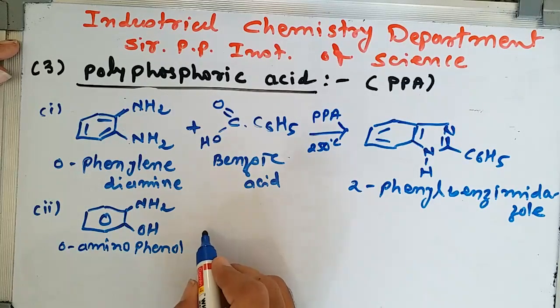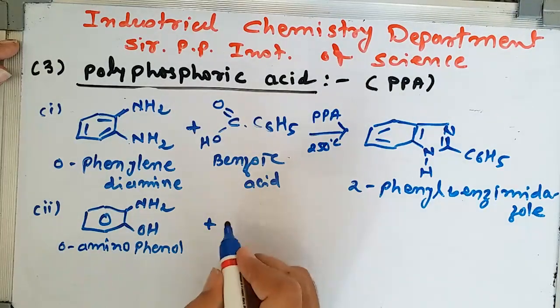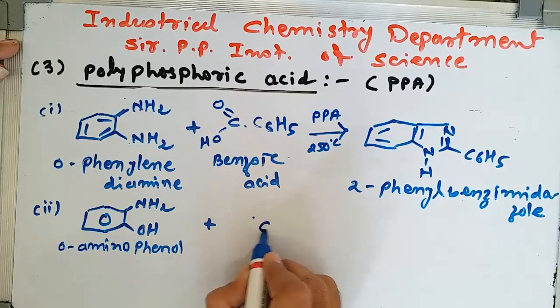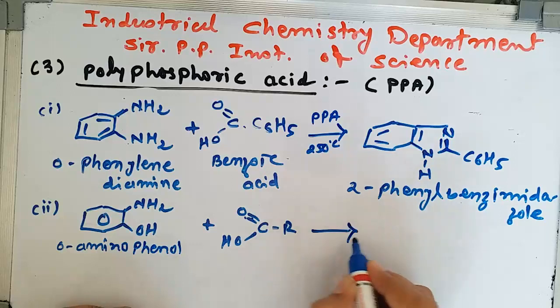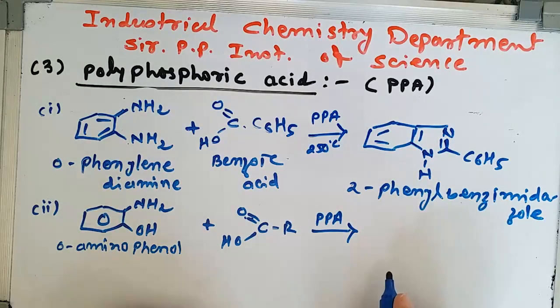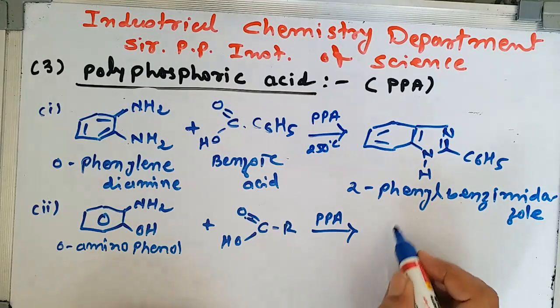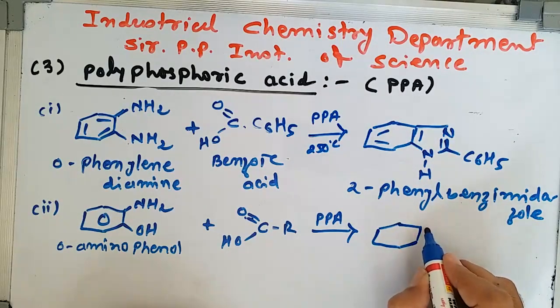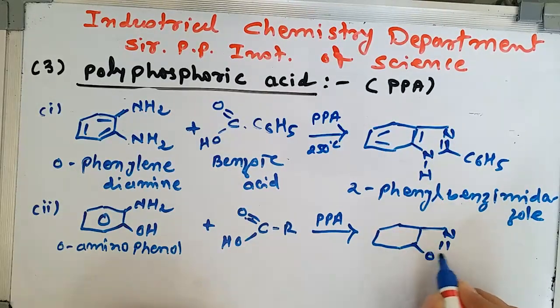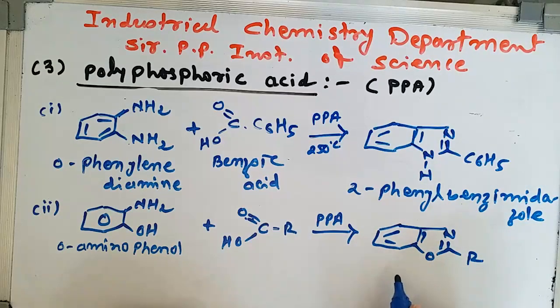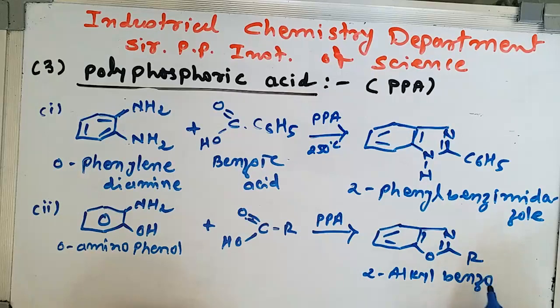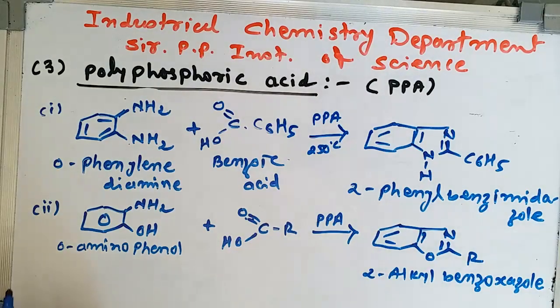It is treated with benzoic acid or any compound, for which we write R. With the help of PPA, it is converted into an oxazole derivative, and here is any one group. This is 2-alkyl benzoxazole.